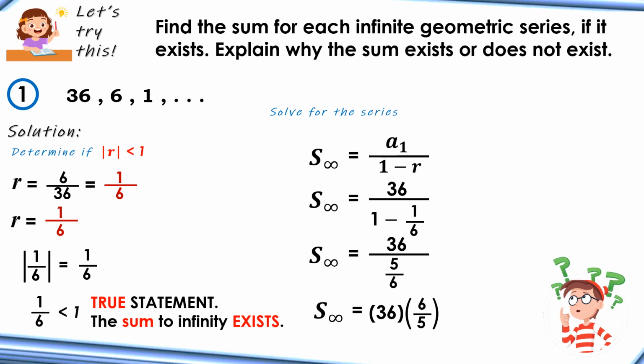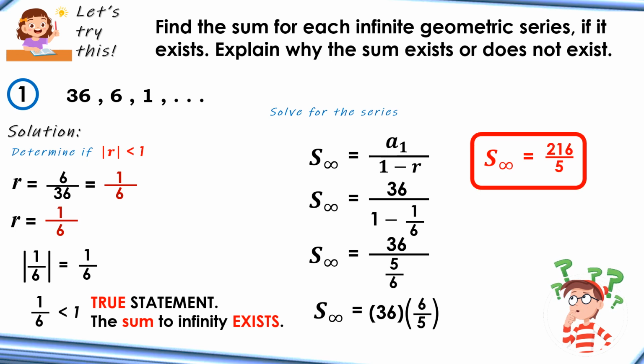So we will multiply these two numbers, and that will give us the sum to infinity is equal to 216 over 5. So, 216 over 5 is already accepted. Kung gusto nyong i-convert pa yan sa decimal, walang problema. Okay?